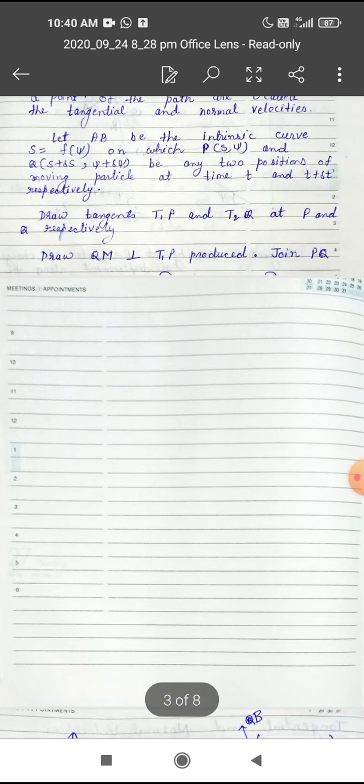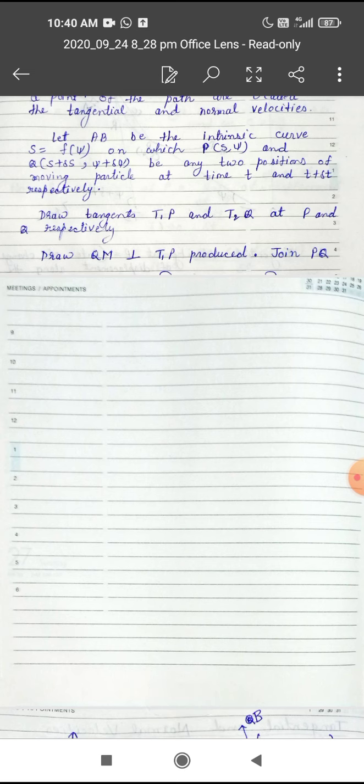Let AB be the intrinsic curve. Intrinsic curve means whose equation is in the form of S and psi.